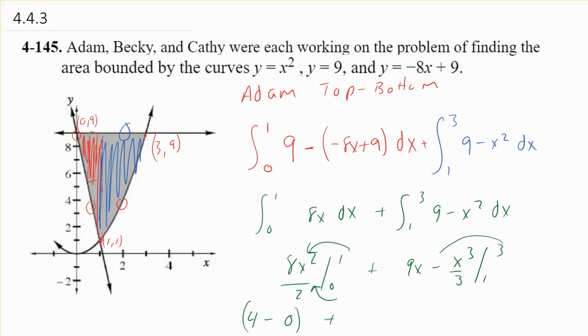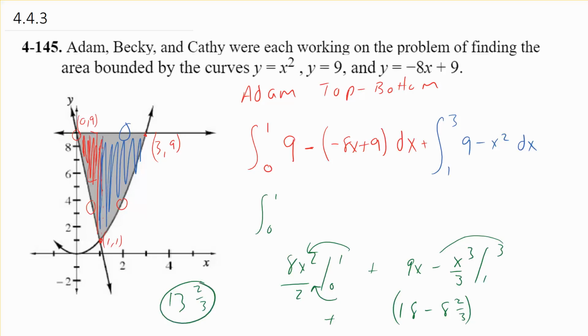And that ends up being 18 minus 8 2/3. So my answer there is going to be 4 plus 9 2/3. So I think we're going to get 13 2/3 using Adam's method, which is the method we've been practicing in class. But let's check out Becky and Kathy.